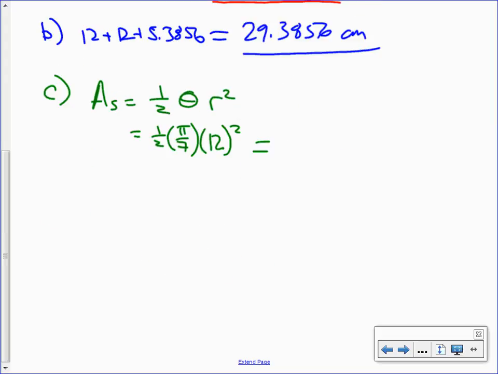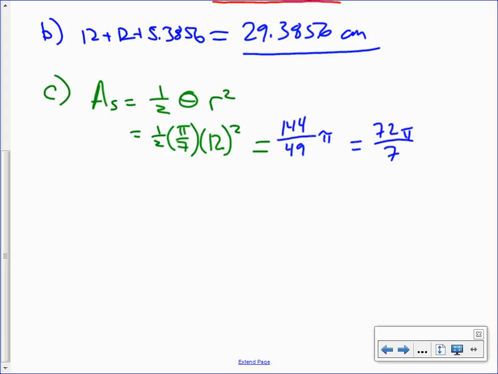Let me backtrack a little bit. To find the actual value, it's just 1 times 1 times 144 over 14. If they're asking for the exact value, that means leave pi out of it, leave it in terms of pi. So that'd be 144 pi over 14, which reduces down to 72 pi over 7.